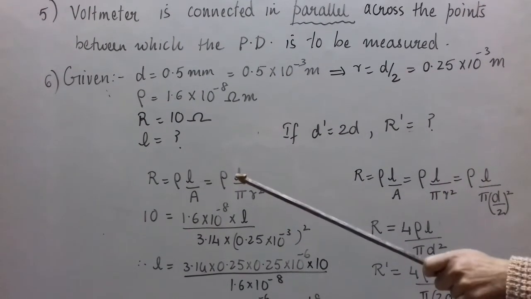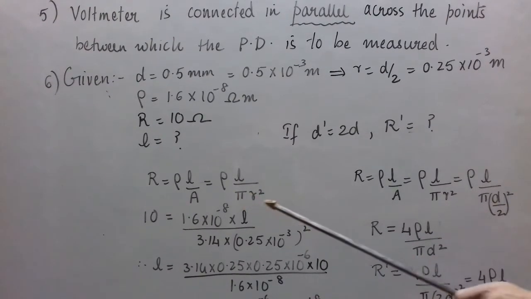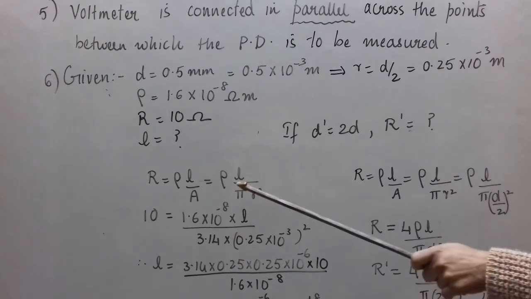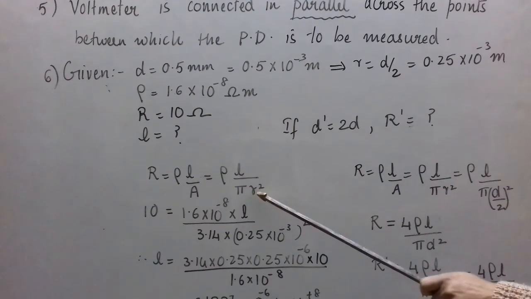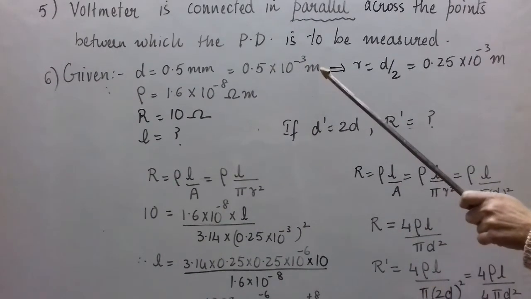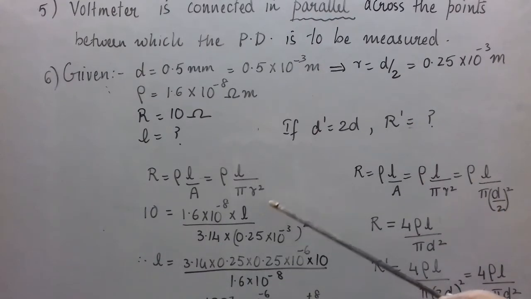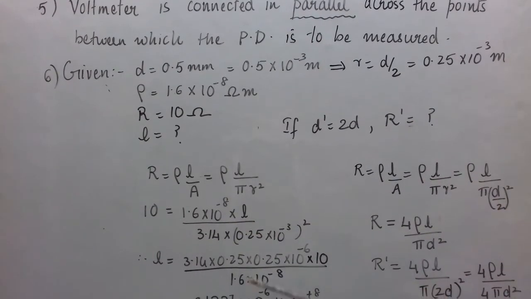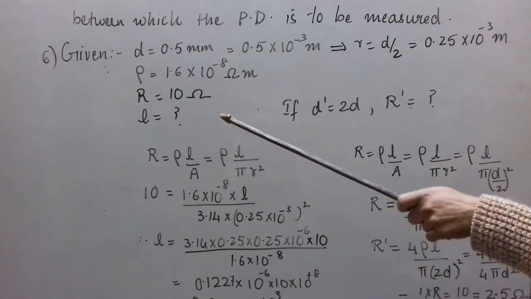So now the resistance formula R is rho L over A, and we know the cross sectional area of any wire is circular in shape. So rho L over pi r square. Either you can write r square, or as I have told you, instead of r you can write d by 2 whole square because r is d by 2. So as you wish, you can proceed, and after putting the values of all the things which are given, only L is not given, which you have to find out.